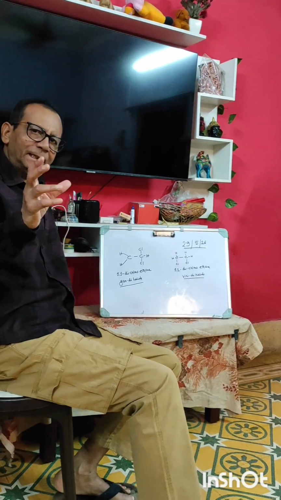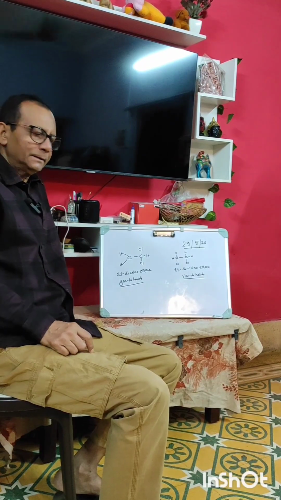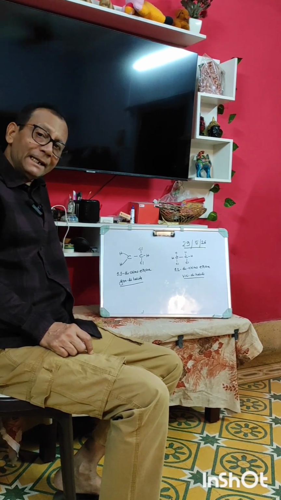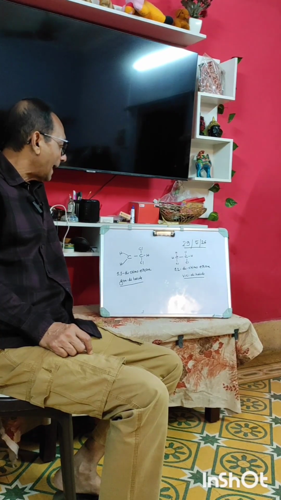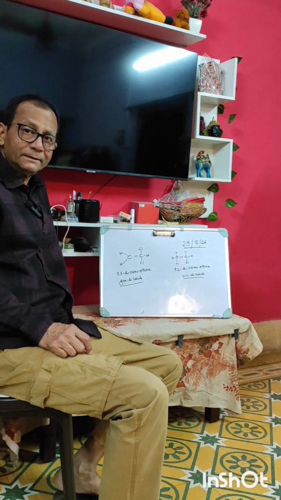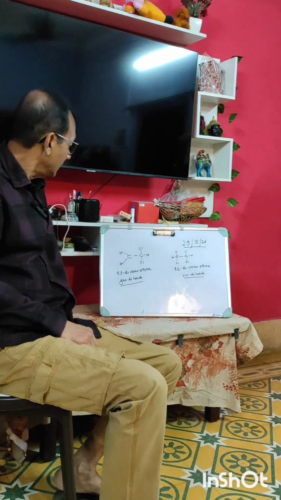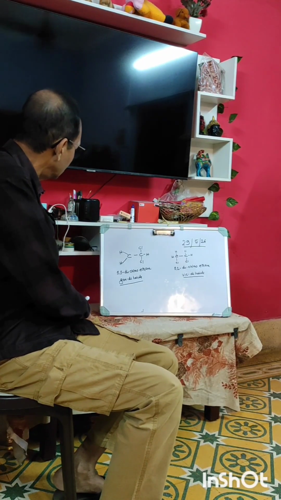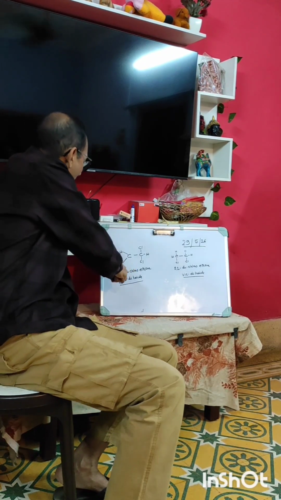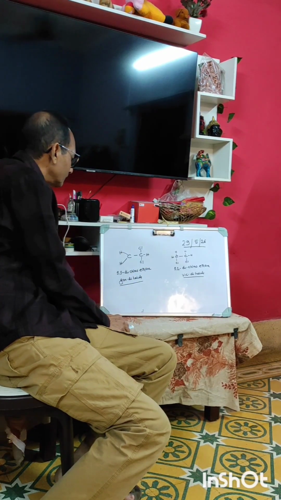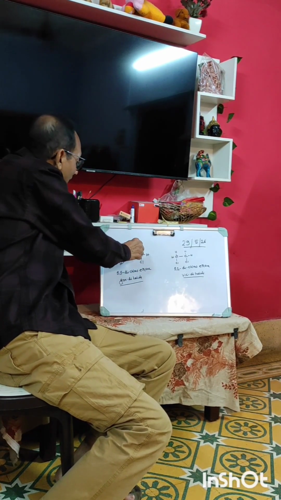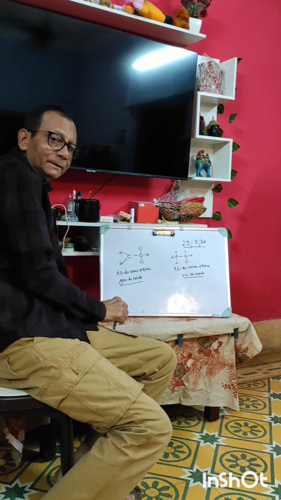There are some special alkyl halides. We call them gem dihalides and vic dihalides. How is that? See, on my left, that is 1,1-dichloroethane. Two chlorine atoms are attached to the same carbon.